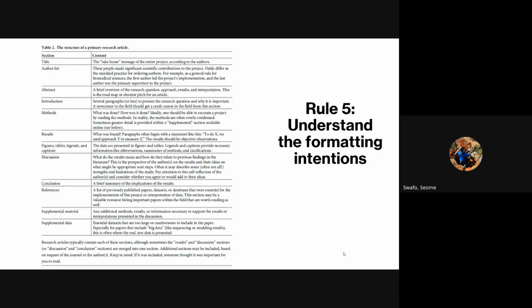And then also the author's list is what we are supposed to see, and then even the abstract. The other things here are just represented, but you can read them in your spare time. The abstract will give you an overview of your research questions, the approach, the results, and also their interpretation.